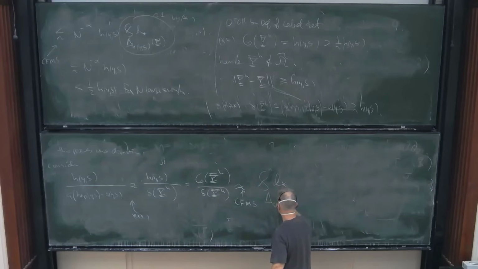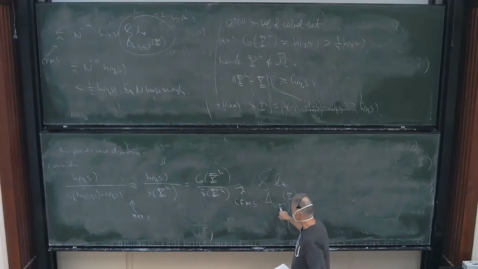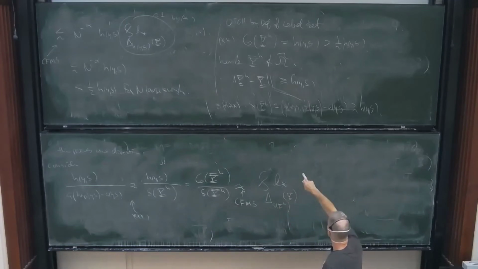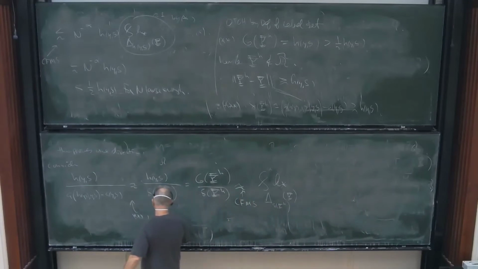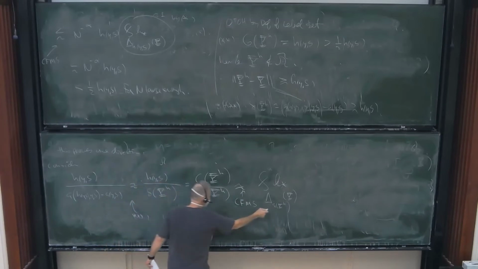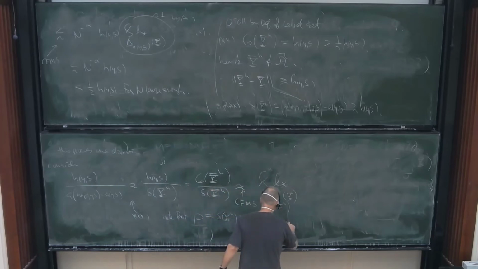and with center at y. Okay? But this scale, notice what we showed about this scale. This scale is bigger than or equal to h of ys. That if we take rho to be exactly this value, this is bigger than or equal to h of ys by the thing that I call triple star.